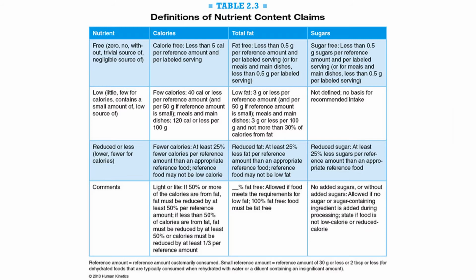Now, this should hopefully get a number of you guys upset, which is how we define different types of nutrient content claims. Notice we can say something is fat-free or trans fat-free if each serving has less than 0.5 grams of it.